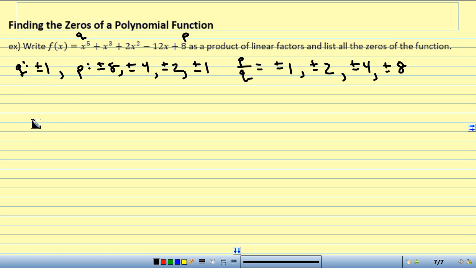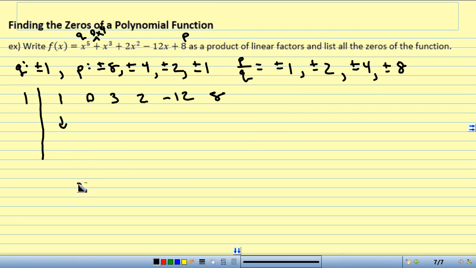So we've got to do our synthetic division. We're going to try 1 first because, well, we always do. And let me see. It skips an x to the 4th, so it's 0x to the 4th. So I've got 1, 0, 3, 2, -12, and 8.